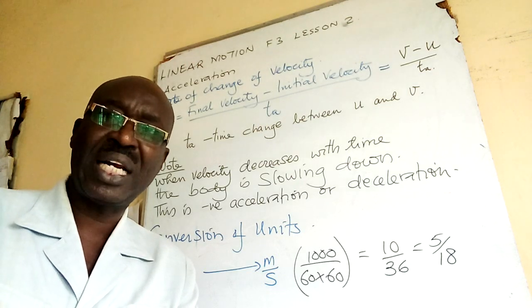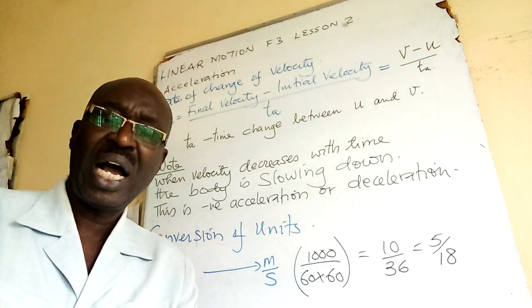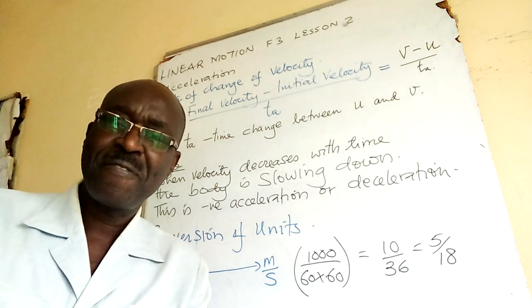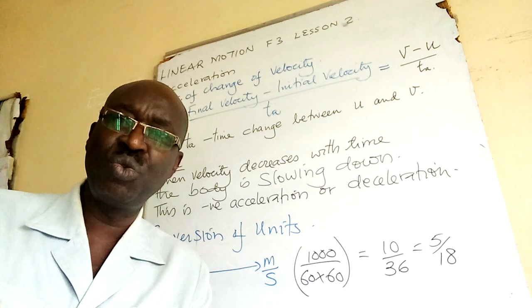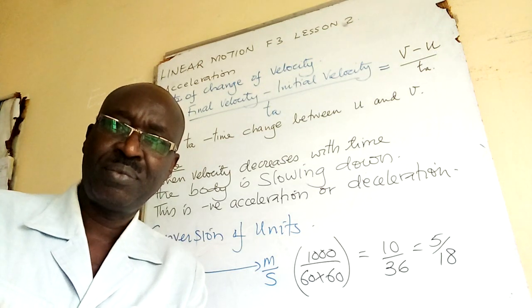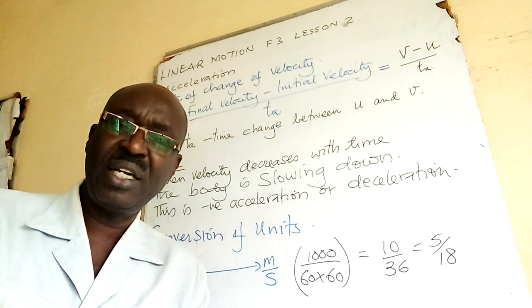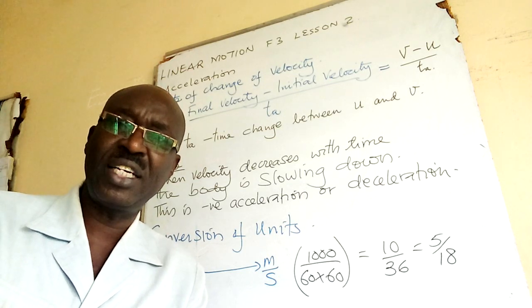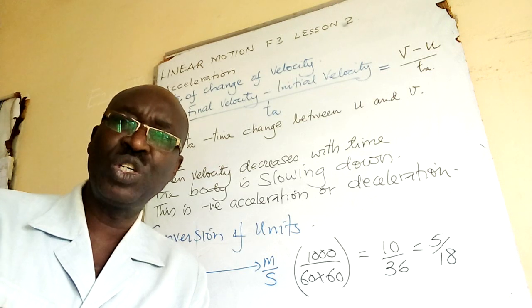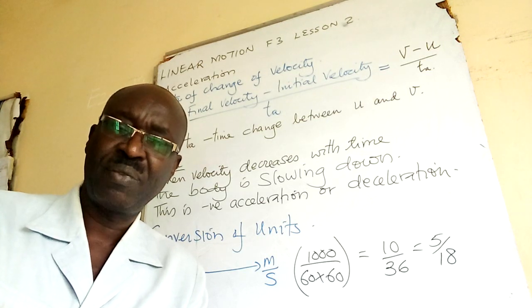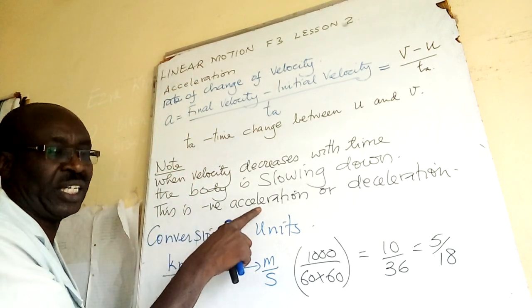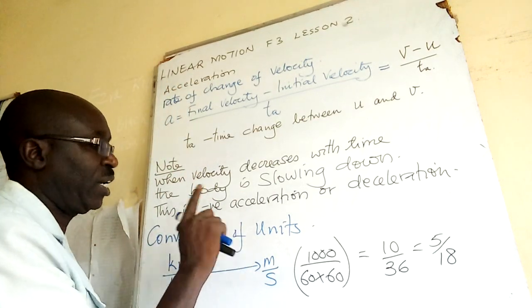So if I'm to calculate acceleration, A is equal to V minus U over T: 30 minus 60 divided by 5. So it is negative 30 divided by 5, which is negative 6.